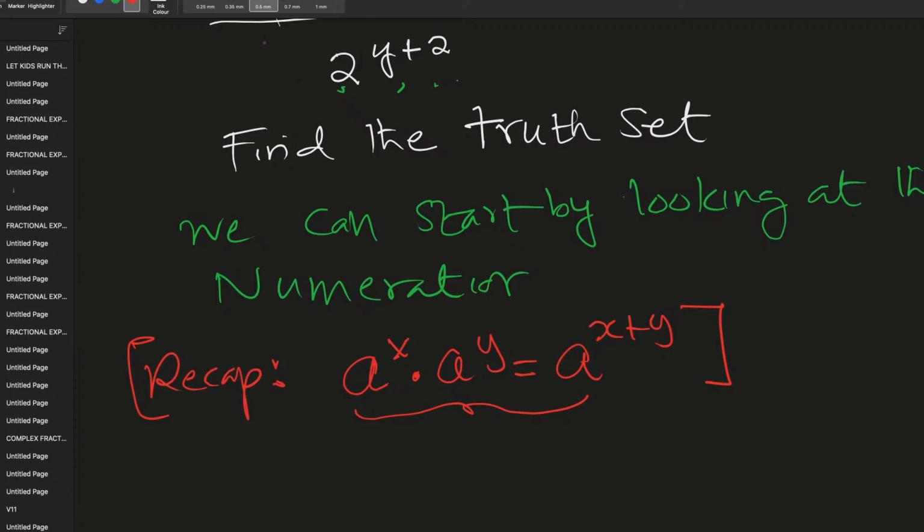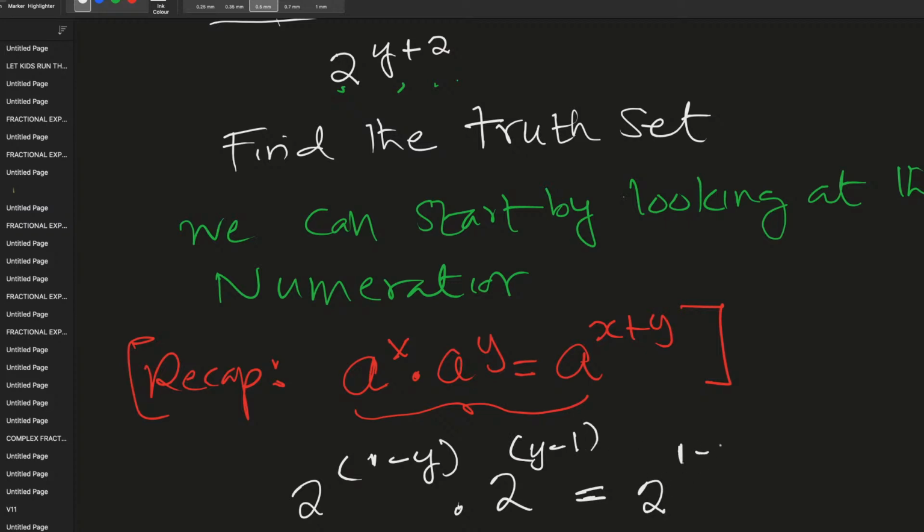So let's go back and see how best we can solve this. Since the same rule applies over here, we say 2 raised to the power 1 minus y multiplying 2 raised to the power y minus 1. You see, it becomes so easy. We are going to add the exponents: 2 raised to the power 1 minus y plus y minus 1.